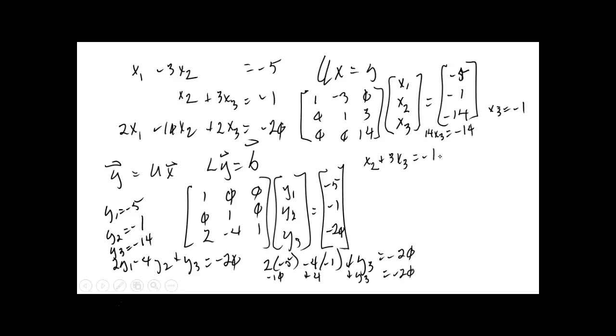But we know what x3 is, right? x2 plus 3 times -1 is equal to -1. That's x2 minus 3 is equal to -1. Add 3 to both sides, and you get x2. That's x2 is equal to 2. x2 equal 2. Right?